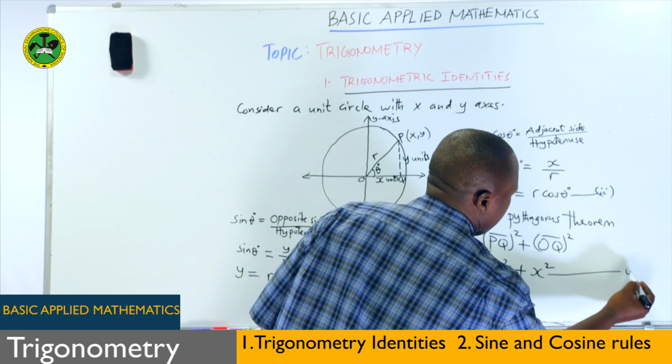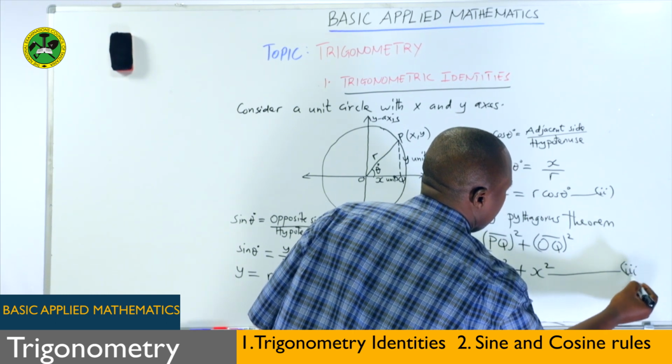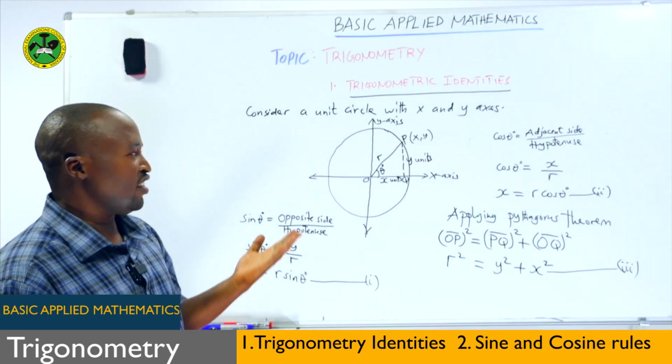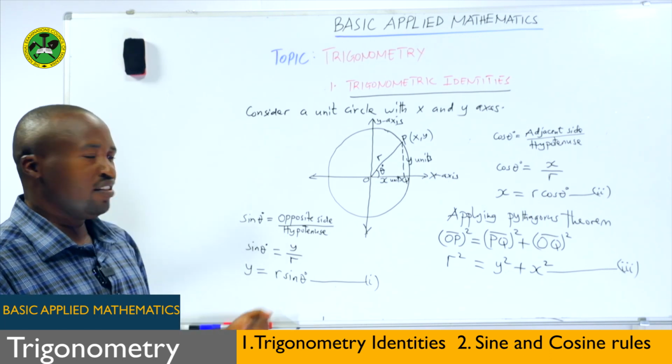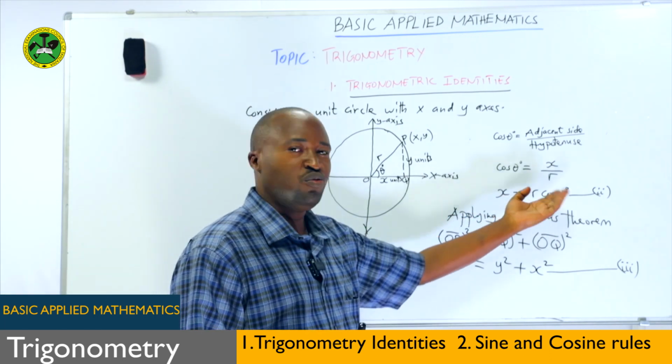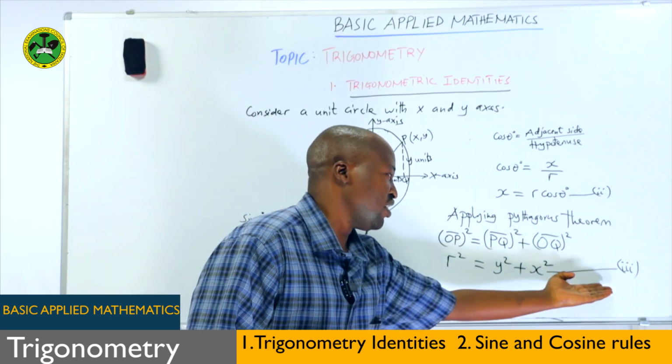This is equation 3. Now we have three equations: equation 1, then equation 2, and equation 3.